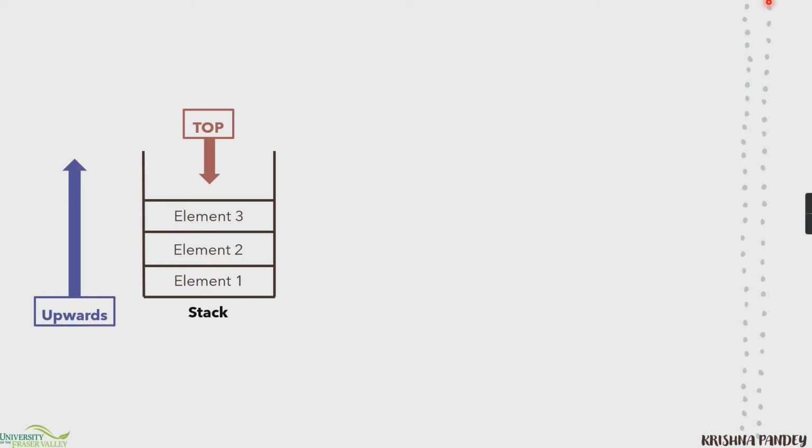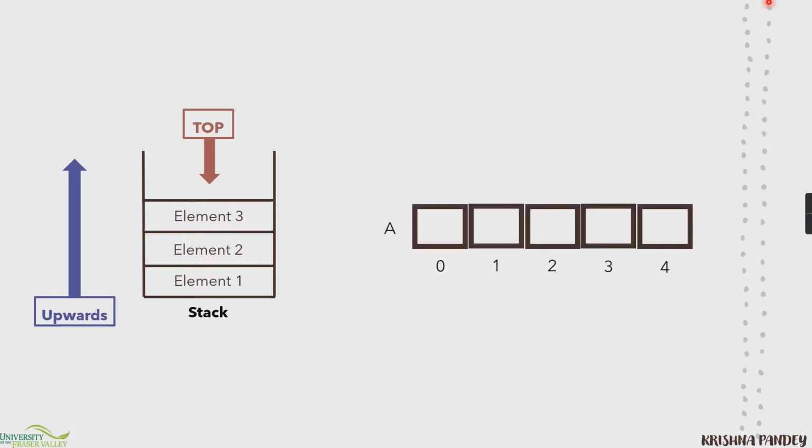That is, if we add another element, it would come at the top of element 3 and our stack will grow in size upwards. But when we implement a stack using arrays, suppose we take an array of 5 elements, then the direction of the stack would be towards the right in our logical representation. That is, when we are representing a stack using arrays, we'll add elements from left to right.